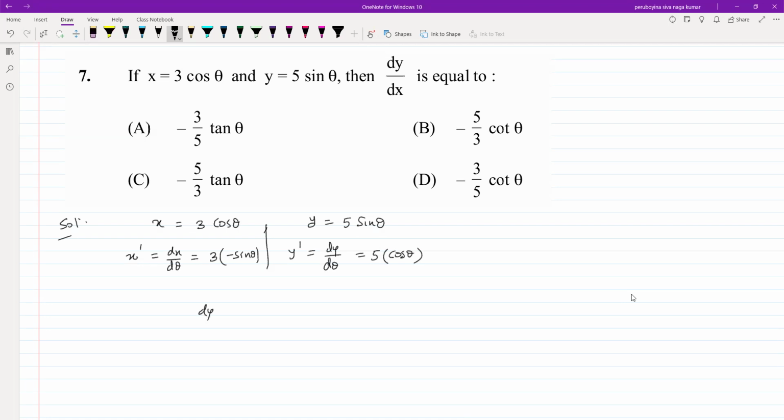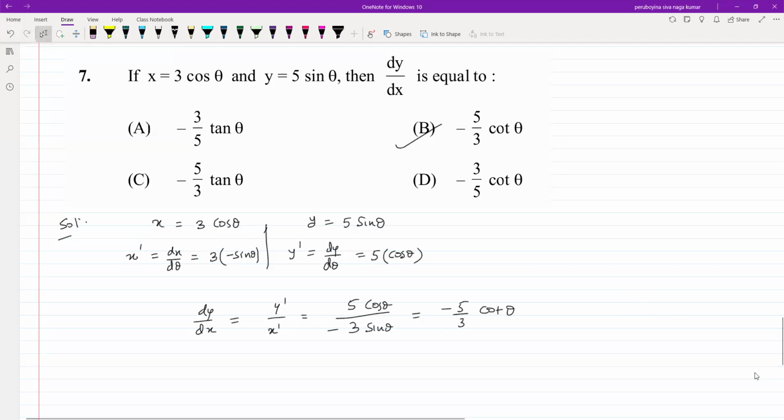Now we require dy by dx. So you can write y dash by x dash always. Y dash is 5 cos theta divided by minus 3 sine theta. So of course minus 5 by 3 cos by sine, from trigonometry it is cot theta. So option B is correct.